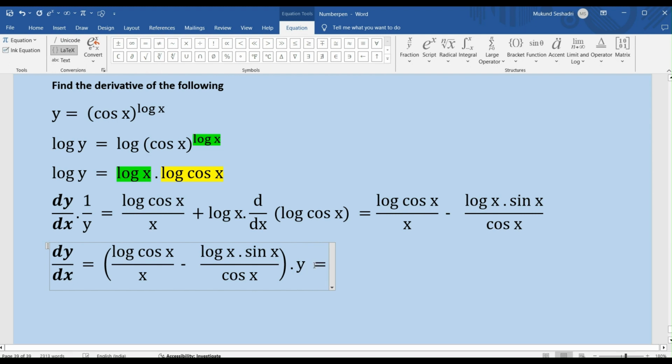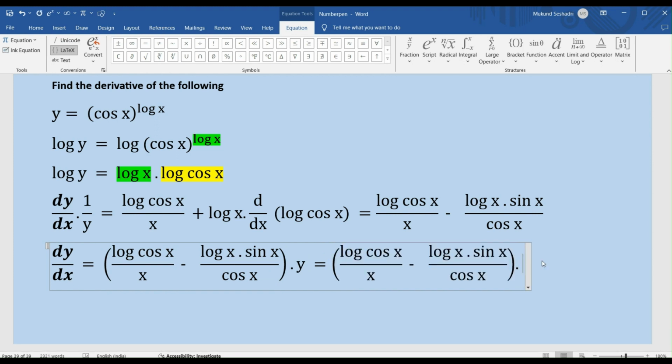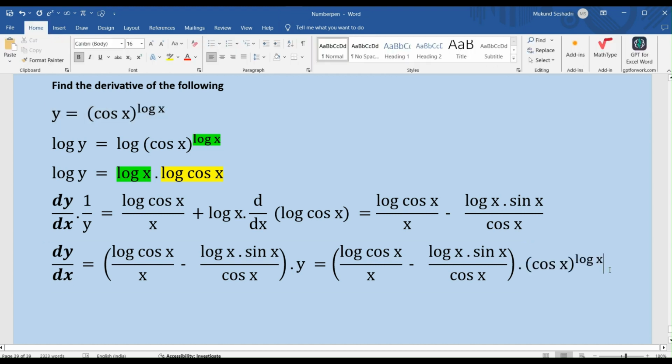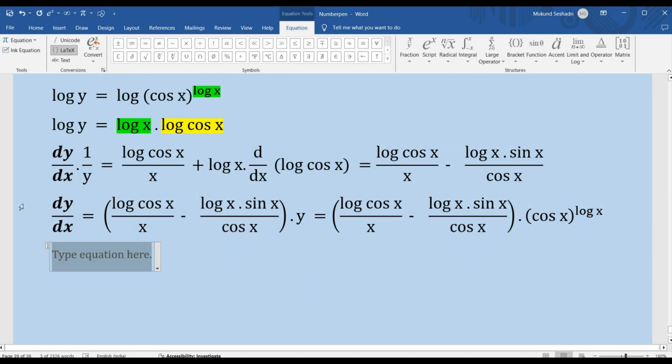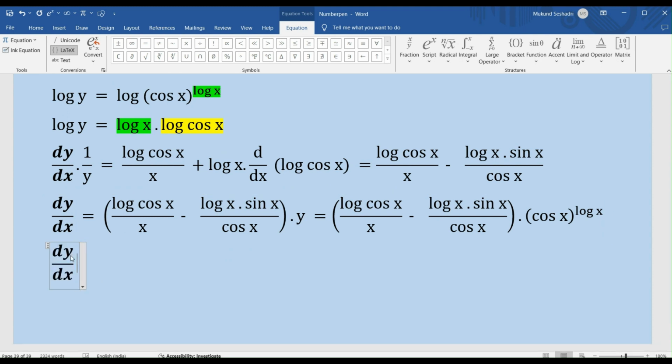And all that we do is go back and put back our y in terms of x, right? And what is our y in terms of x? It is nothing but cos x to the power log x. I don't think we can do any further simplification. So let me go to the next step. I think I can write this answer like this, right?